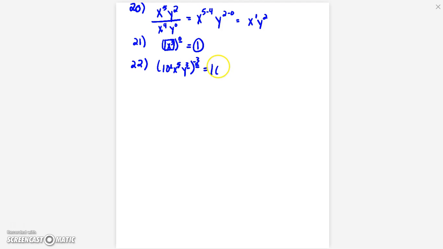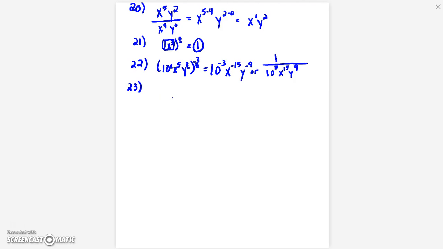So 10, 1 times negative 3 is negative 3. x, 5 times negative 3 is negative 15. And y, 3 times negative 3 is negative 9. You could leave it like this, or, right, each of those has a negative exponent. You could put them all under 1 and make the exponent positive.